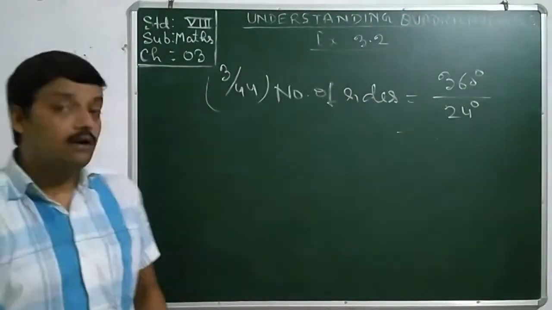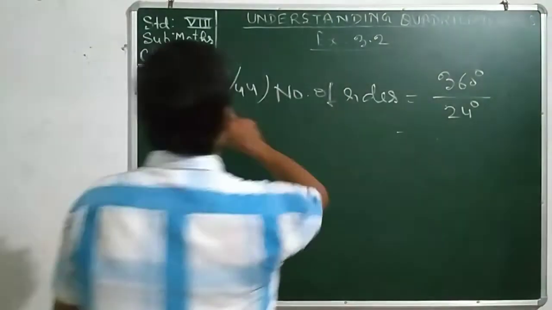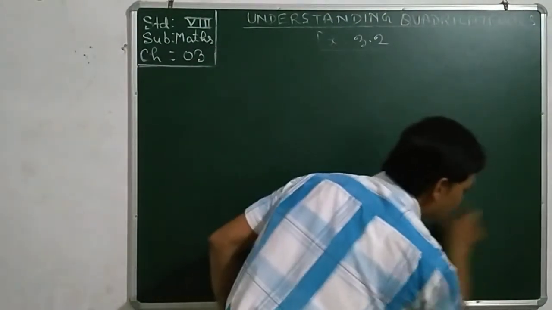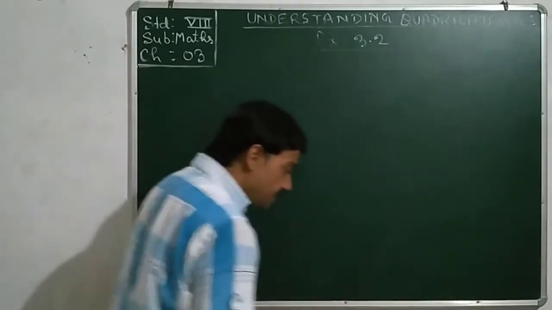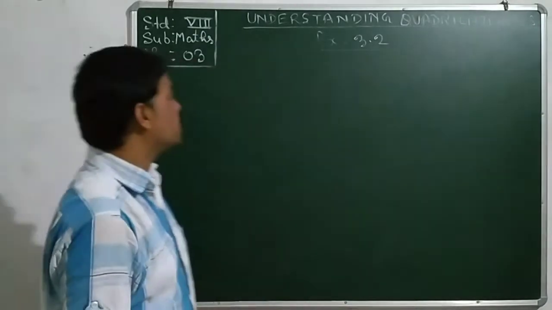Now come to the 4 number sum. In the 4 number, the measure of the interior angle is given as 165 degree.